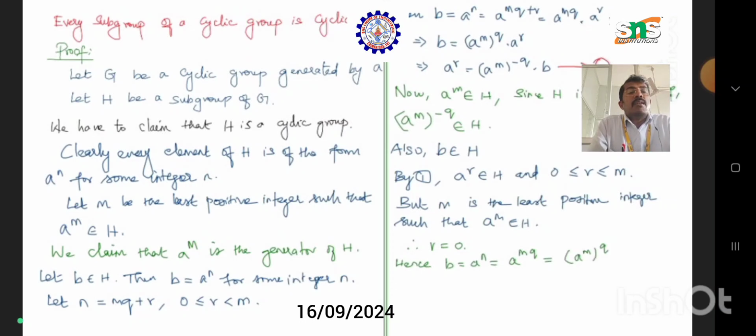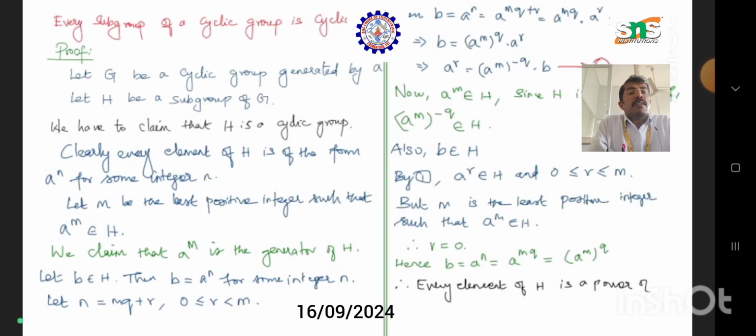So you can write b is equal to a power n, which is equal to a power mq, and since r is 0, a power 0 is 1, so a power mq is equal to a power m whole power q.